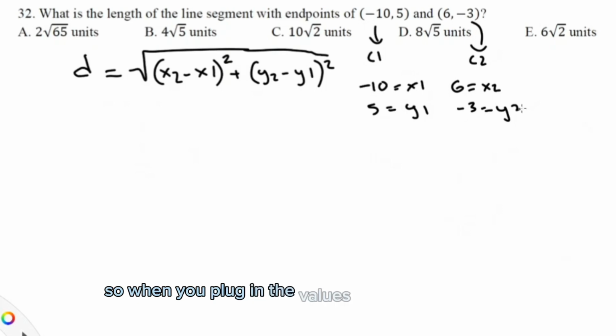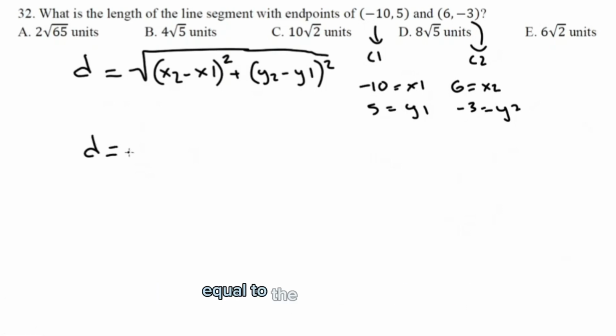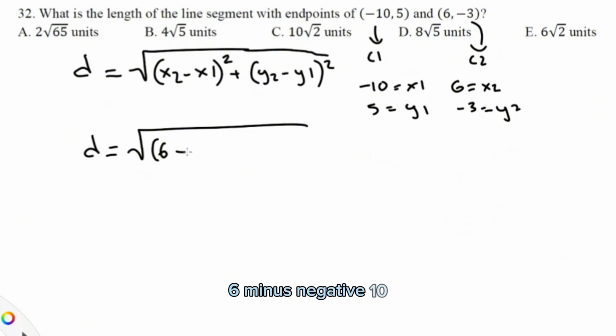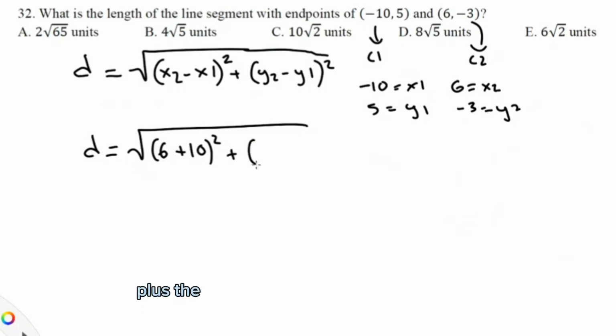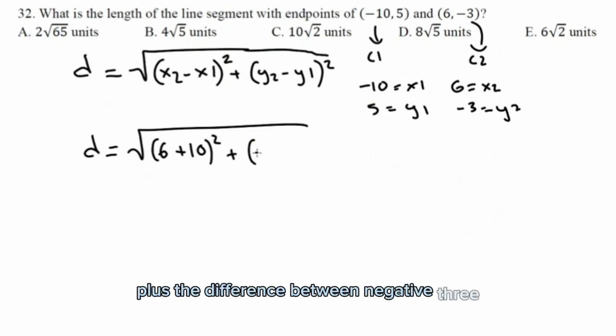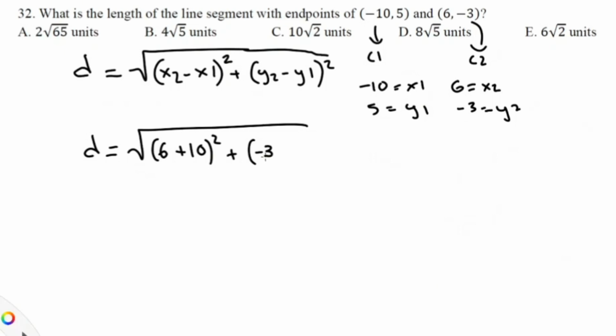So when we plug in the values, we get the distance is equal to the square root of 6 minus -10. When you subtract the negative, that's just adding. So 6 plus 10, and then square this. Plus the difference between -3 minus 5. -3 minus 5, that's just -8.